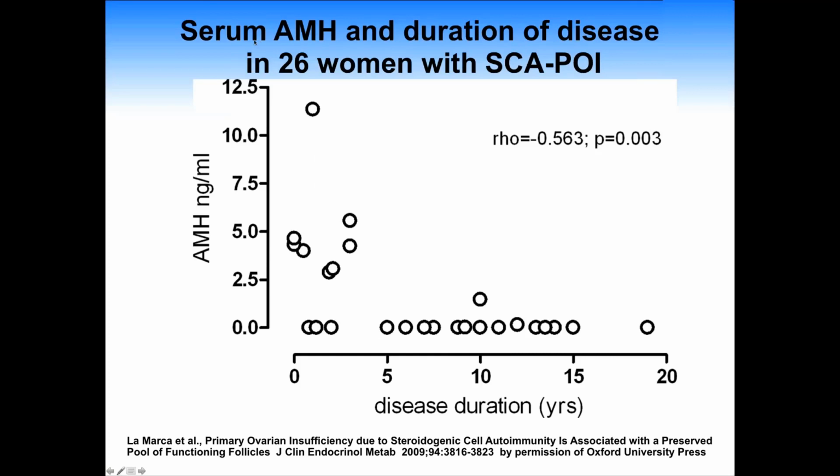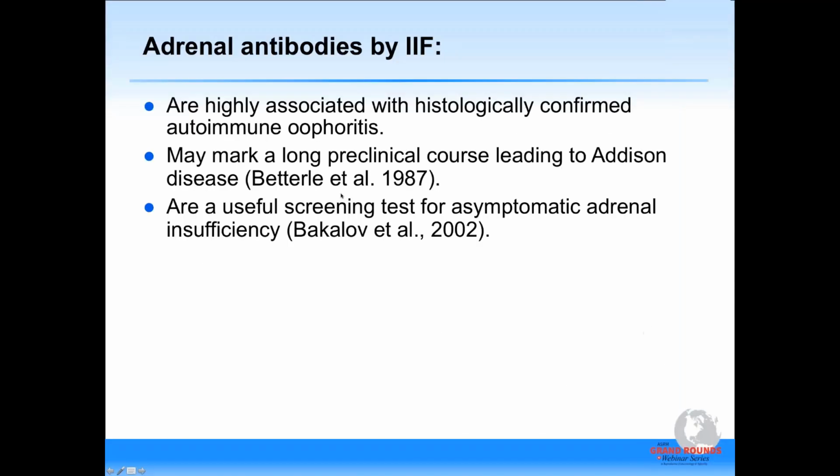But some of the disappointing news is that serum AMH levels decline when you look at the duration of the disease. So there may be a window in the first 5 years or so of women having this steroidogenic cell POI and having some follicles left. But beyond that, the AMH levels go down really low, so it looks like there is a destruction of these follicles over the years after the onset.